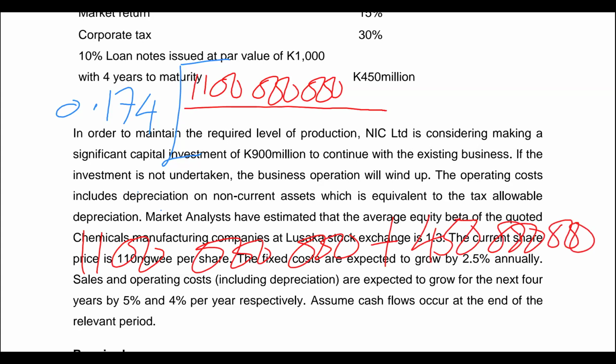We want equity plus debt. Just a minute. We have too many zeros. 1.1 billion plus 450 million, right?